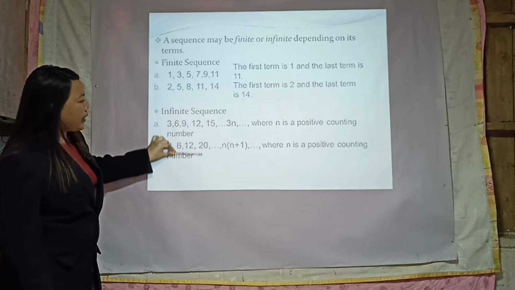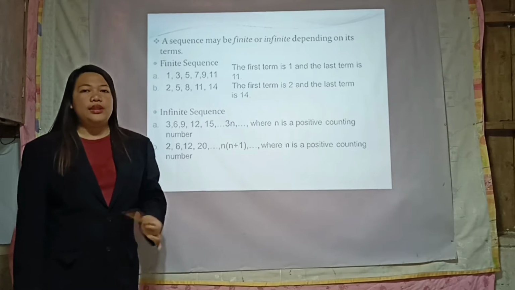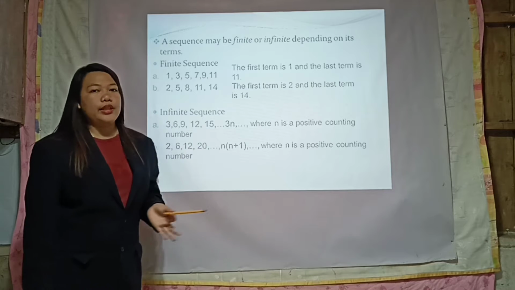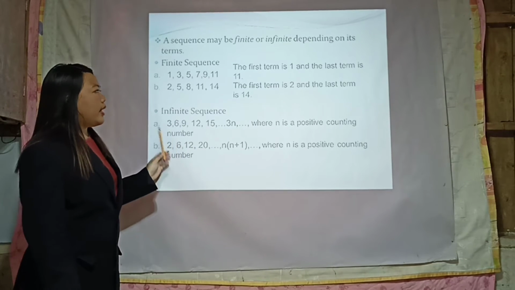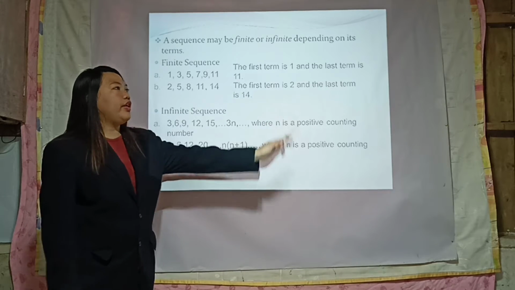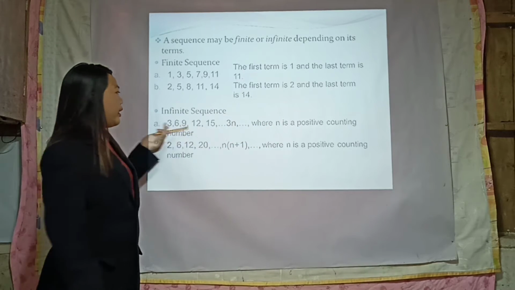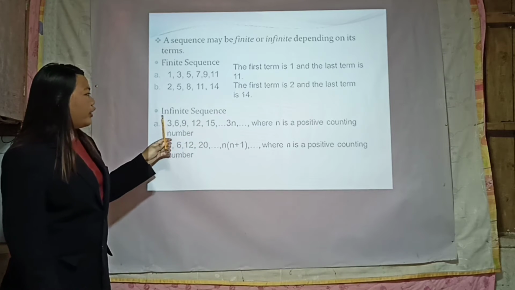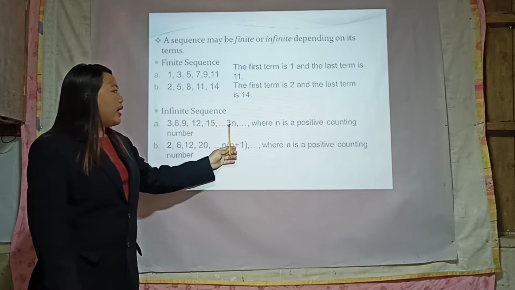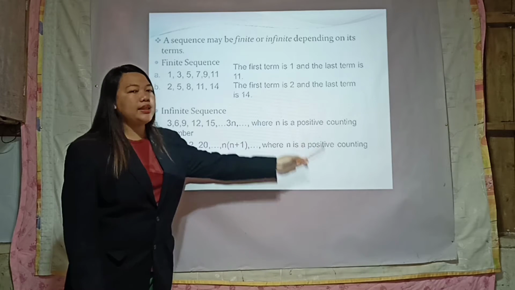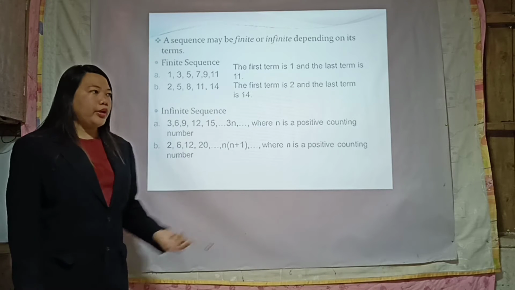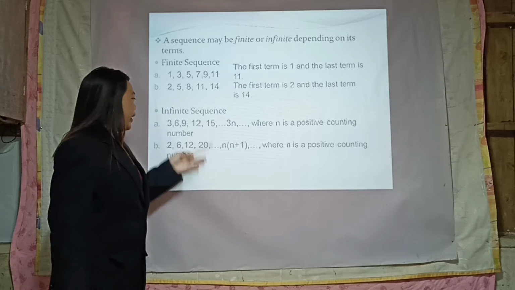This is also an example of an infinite sequence. An infinite sequence has a first term, but it doesn't have a last term; it goes on to infinity. Like in this example, it has a first term which is 3, and the last term is 3n, where n is a positive counting number, which can substitute any number or infinity.